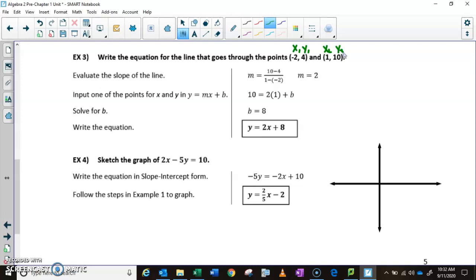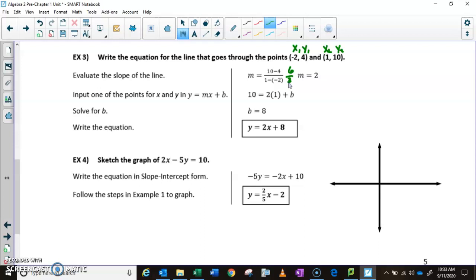So y2, 10 minus y1 of 4 gives you 6, over x2, 1, minus x1, negative 2, so minus a negative is plus, so 1 plus 2 is 3. 6 divided by 3 is 2. But this time they don't give us directly the y-intercept, so now we need to calculate the y-intercept.